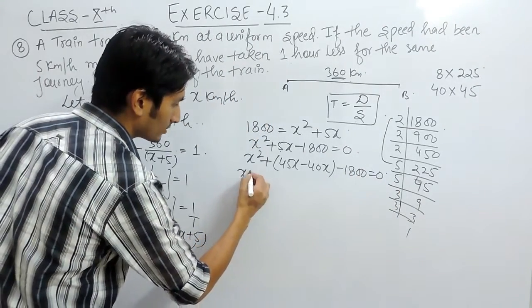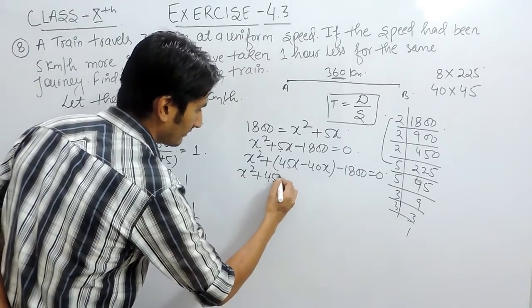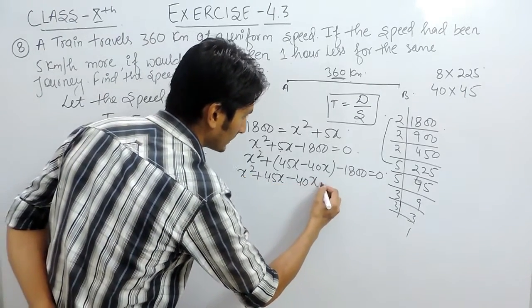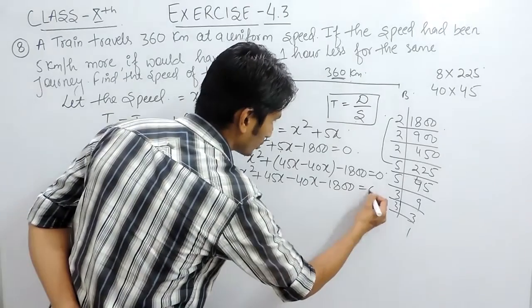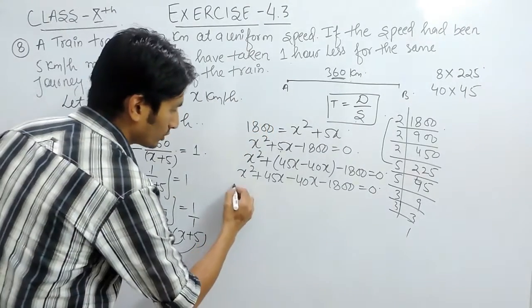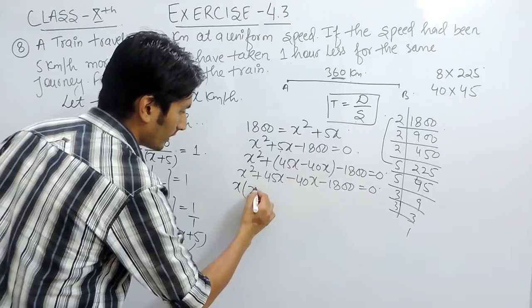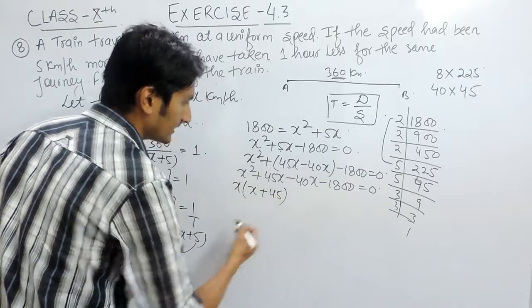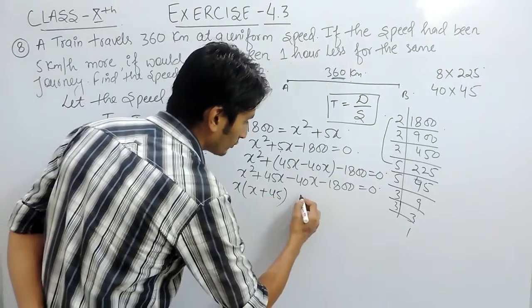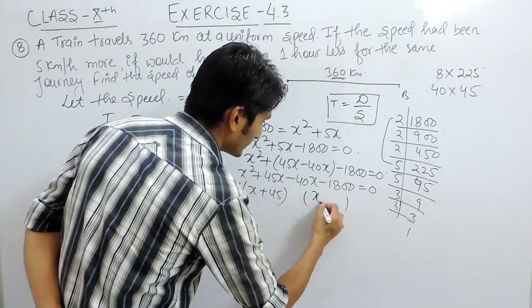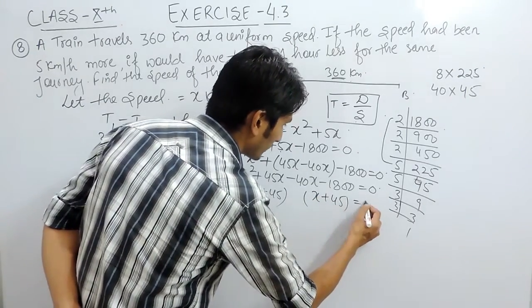Now open the bracket. This will be x square plus 45x minus 40x minus 1800 is equal to 0. From the first two terms, if x is taken common, x plus 45 will remain inside the bracket. In the second, you have to take something as common so that inside the bracket only x plus 45 will remain.